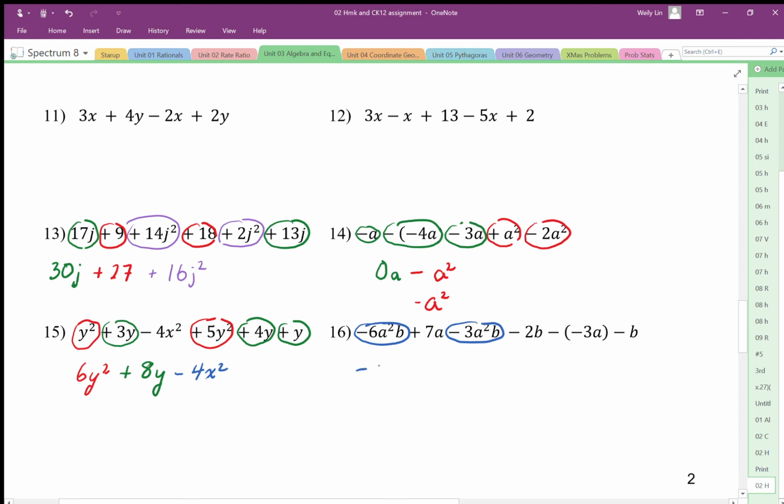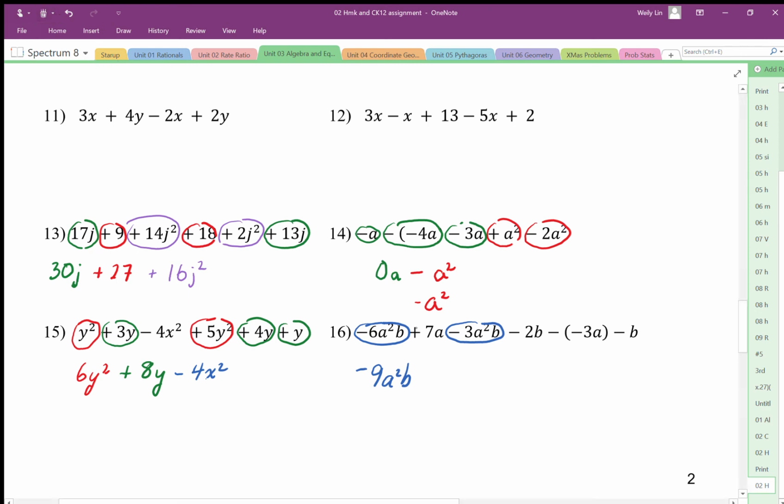So I end up with negative 9 a squared b's. Again, we don't change those because we're not going to add any powers together or anything crazy like that. This is an a squared b term, and that's exactly what I'm counting. So that has to be my final when I combine those terms together. The exponents don't change when I add. Adding and exponents have nothing to do with each other.